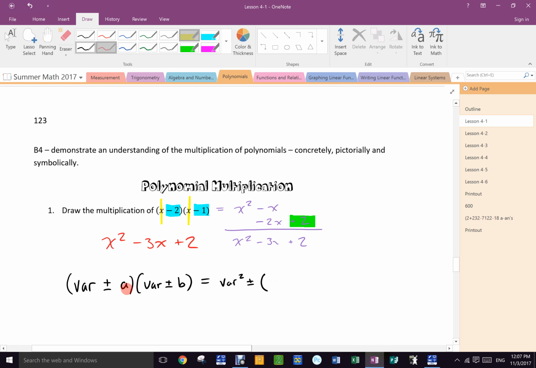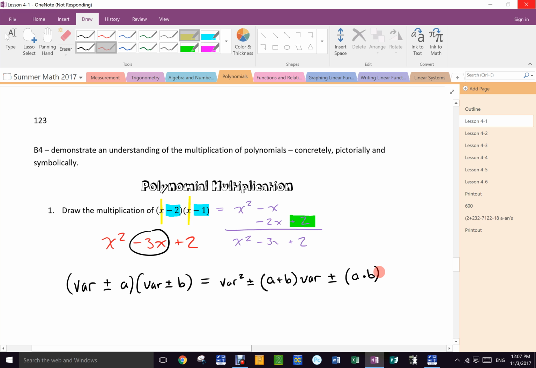What do I do with a and b to get that middle term? A plus b, and then I have the variable. And then, plus or minus, what do I do with a and b to get the last one? A times b with no variable. Everybody see that? But it only works when it's a single letter.